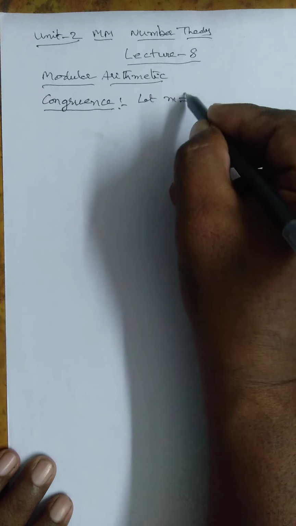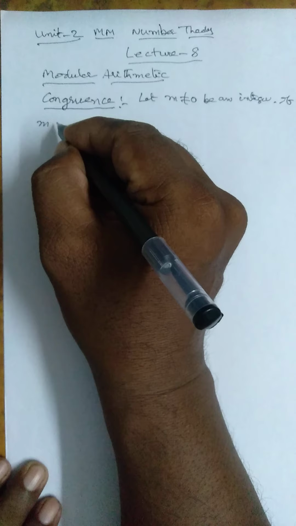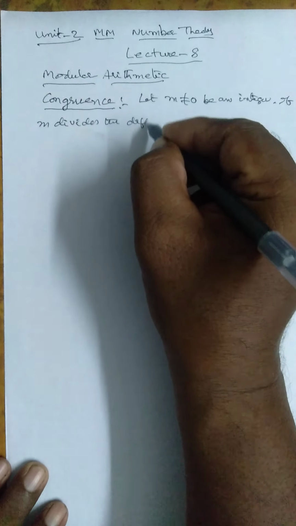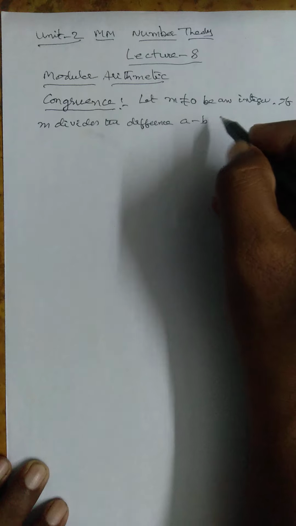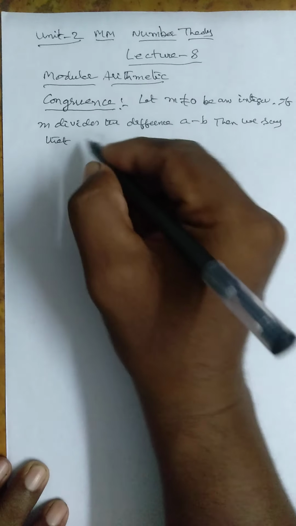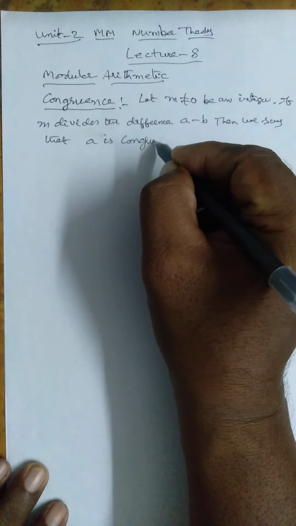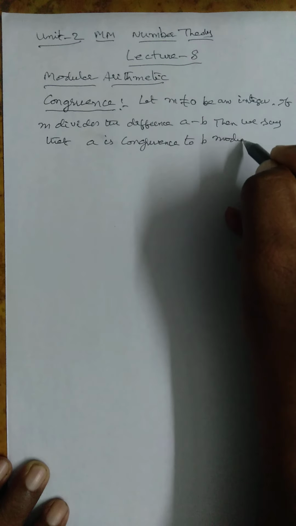Let m not equal to 0 be an integer. If m divides the difference a minus b, then we say that a is congruent to b modulo m.